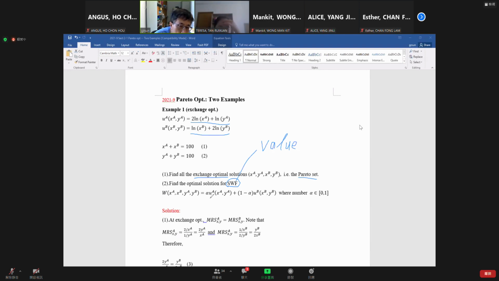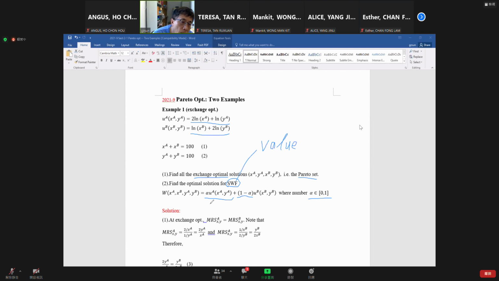So in this example, let's consider this one. This is the best meet social welfare function. We give a weight, alpha, a number between 0 and 1, to Alice, and give another weight, 1 minus alpha, to Bob.